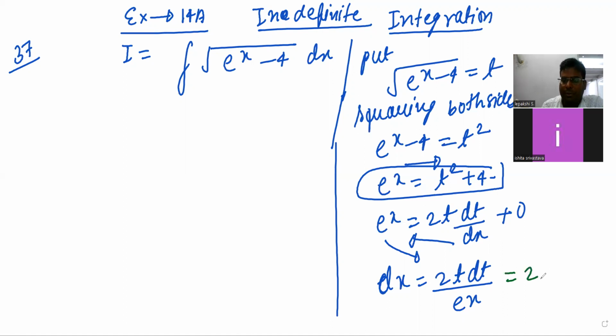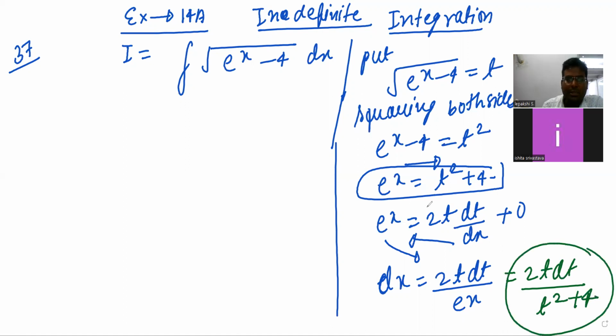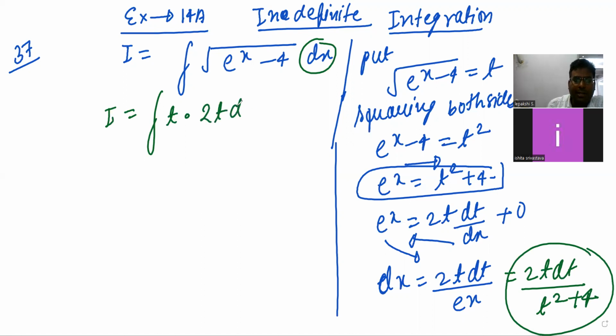Then it will be 2t dt upon t square plus 4. So instead of dx, you can put that. So it will be I equal to integration t into 2t dt upon t square plus 4, right?